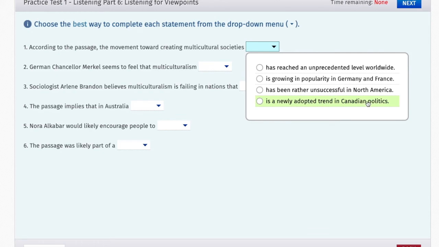We are right now in 2021. Pierre Trudeau was, I'm pretty sure it said there, in the 1970s. So I also don't think that this is the answer because it doesn't sound new in Canada. So again, I associated those ideas, okay? I made that association. I didn't just listen for Canadian politics or North America or Germany and France. So that's very important.